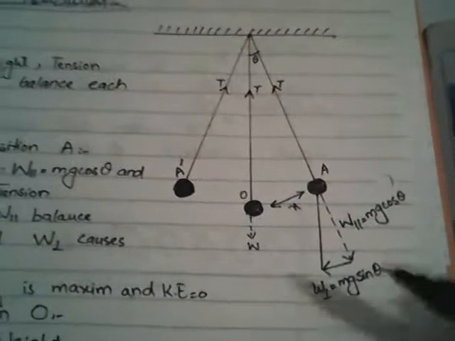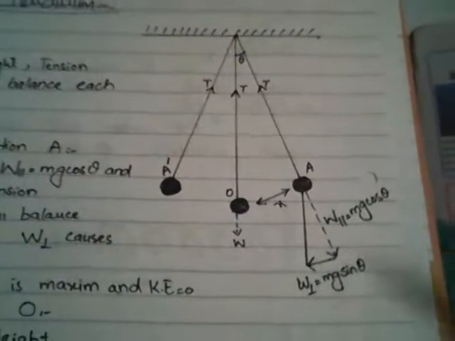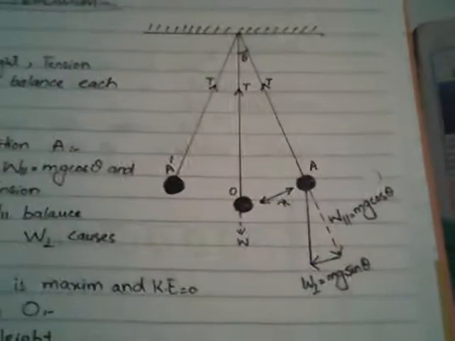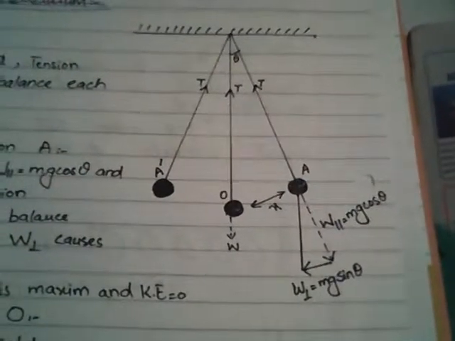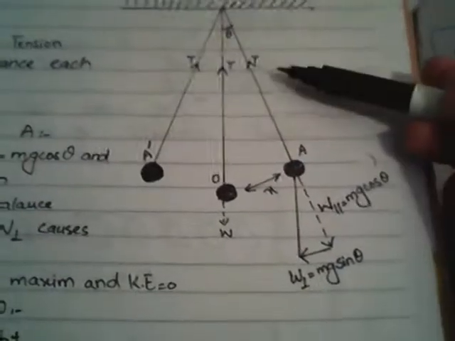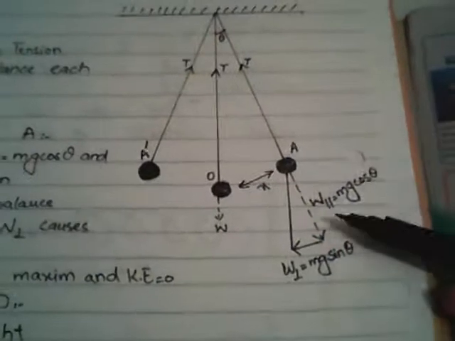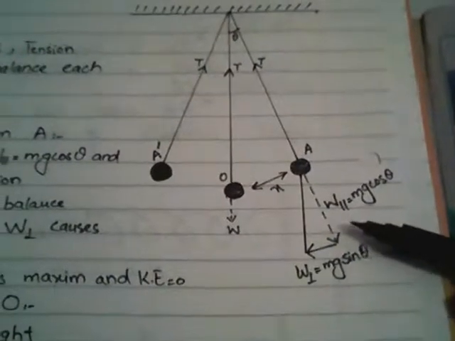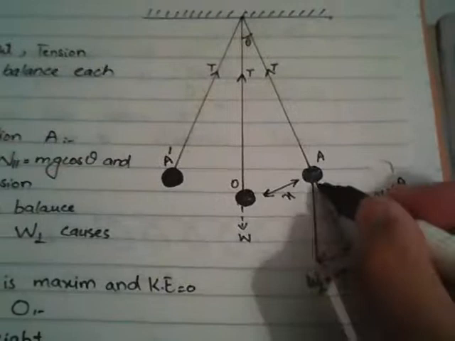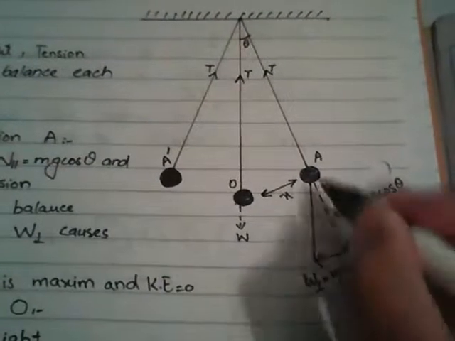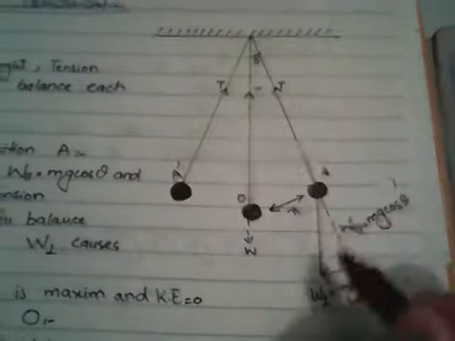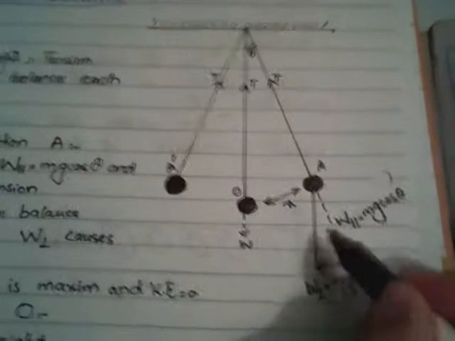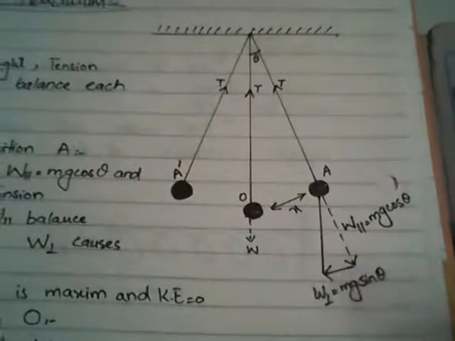So now what are the forces acting on the bob at point A? The two forces are again the tension in the string and the downward weight. But here you can see that the weight is not really vertical. It has a vertical component and a horizontal component.